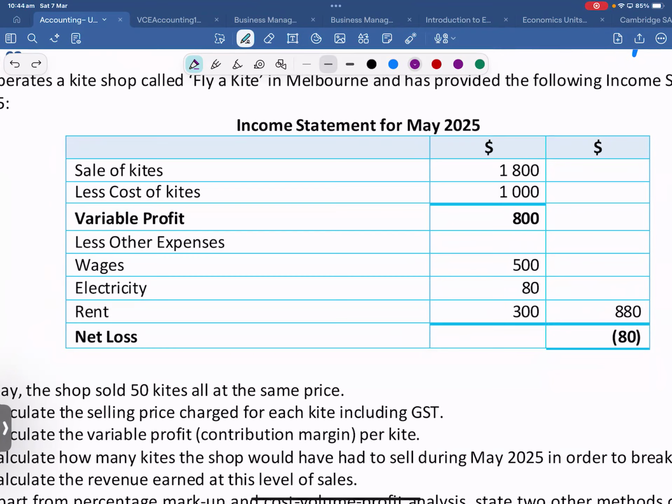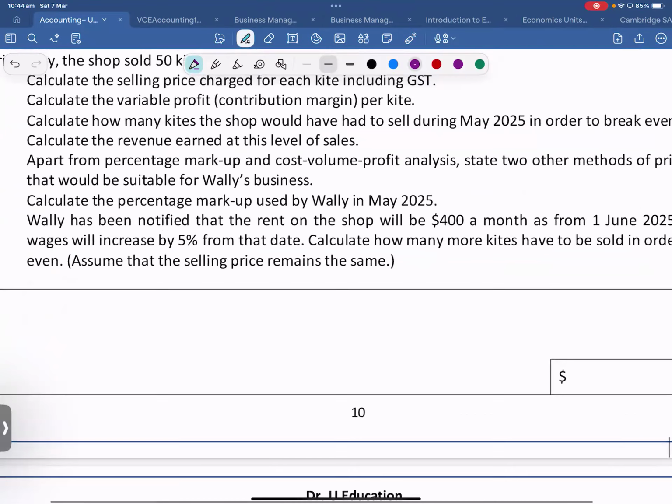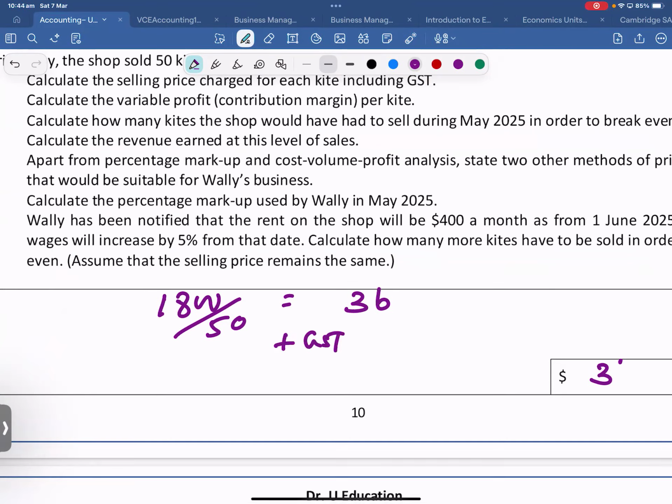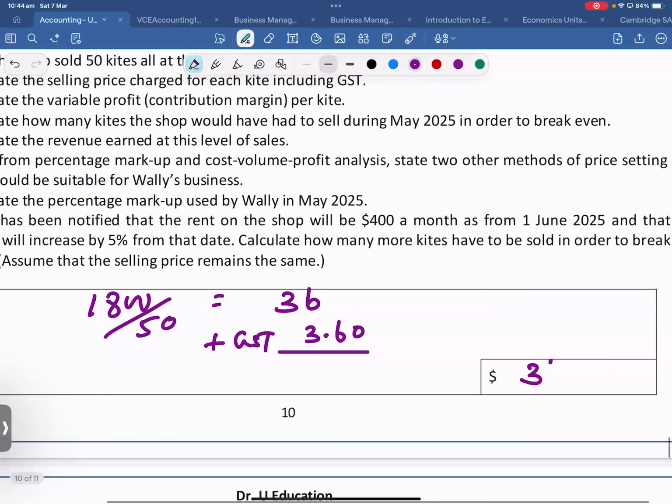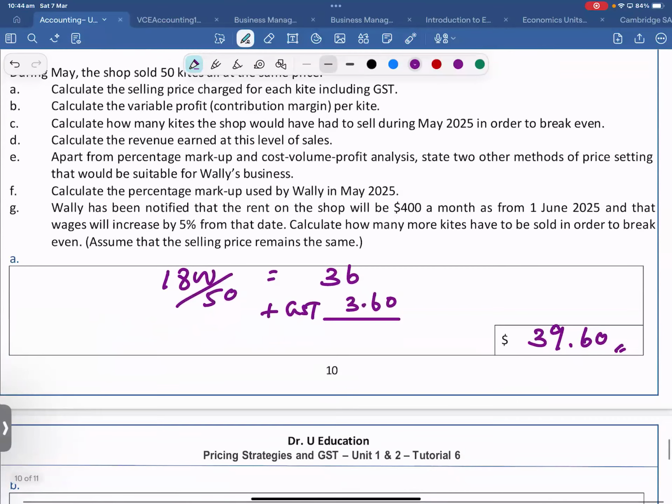Sale of kites is 1800, divided by 50, which is 36. 36 is the selling price. But for that, you have to add GST, which is 3.60. So that means we'll get 39.60. Make sense? Yeah.